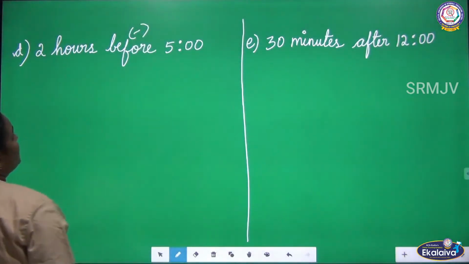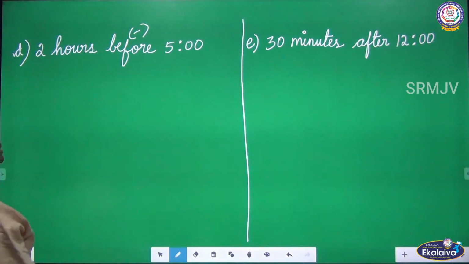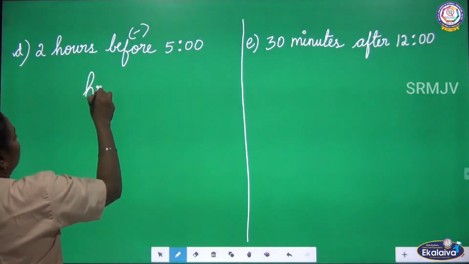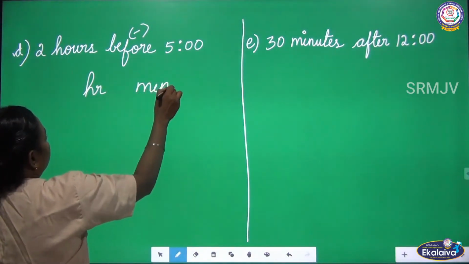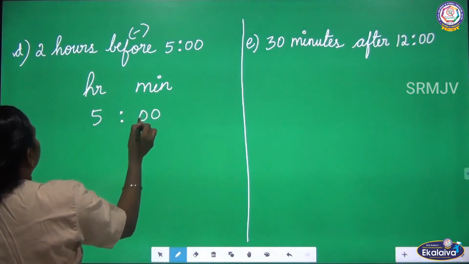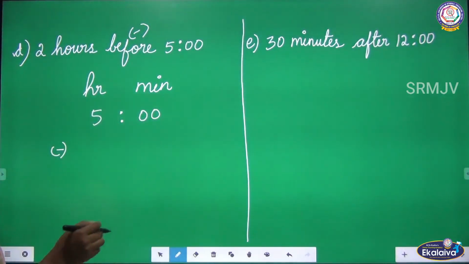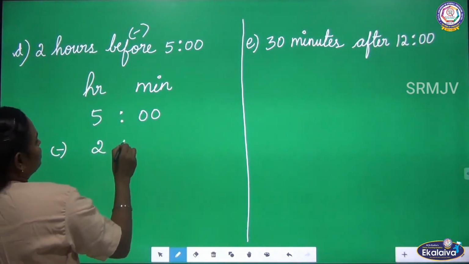5 hours. You have to subtract because they have given before. So you can write hour and then minute. So you write 5 hours, then you have to subtract. Before 2 hours means you have to subtract 2.